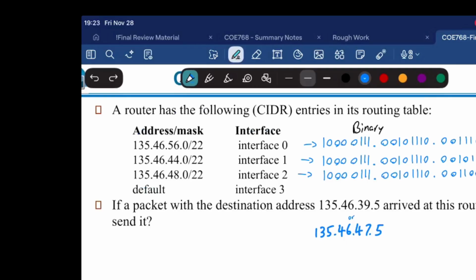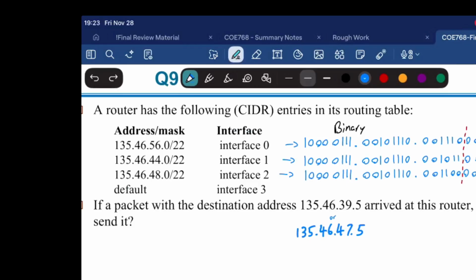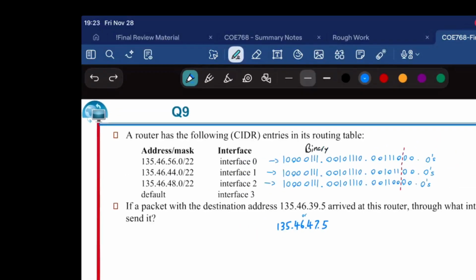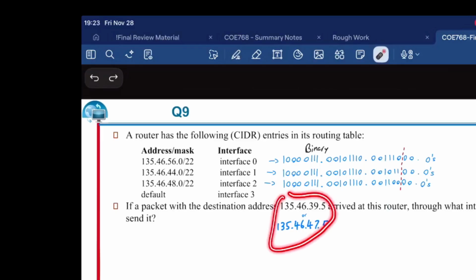If a packet with a destination address of 139.46.39.5 arrived at this router, through what interface will it send it? So I have two problems here. They're just the same question, but with different destination IP addresses.